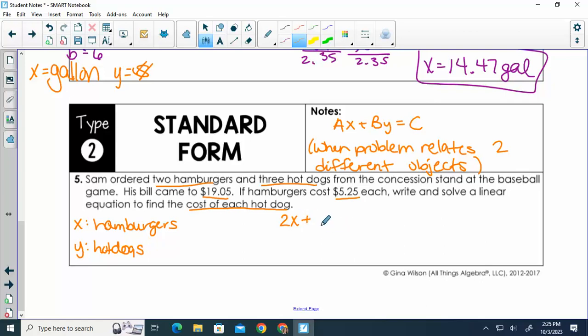Plus, how many hot dogs did we buy? 3. So to find the amount we spent on hot dogs, we take 3 times the cost of the hot dog equals, how much money did we spend? Okay, so the writing an equation, I want an equation with x and y. That's the first question.